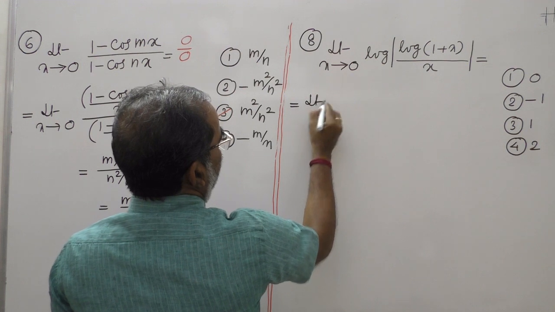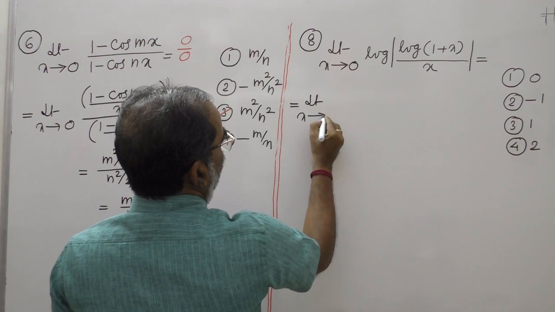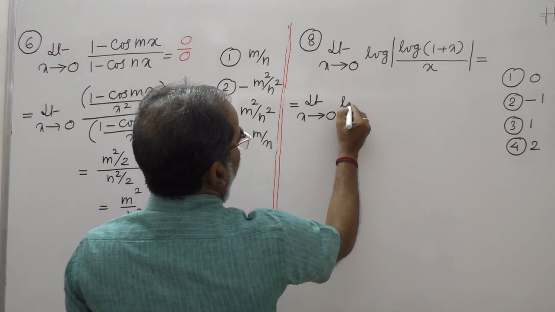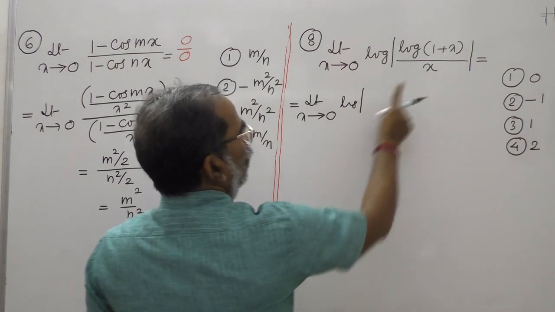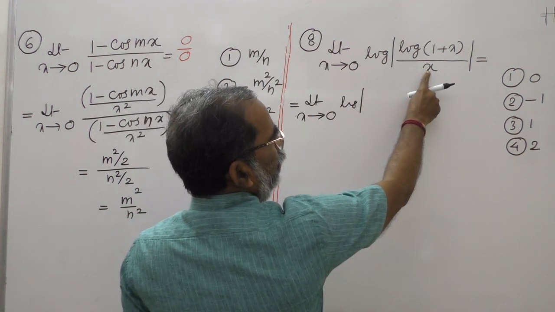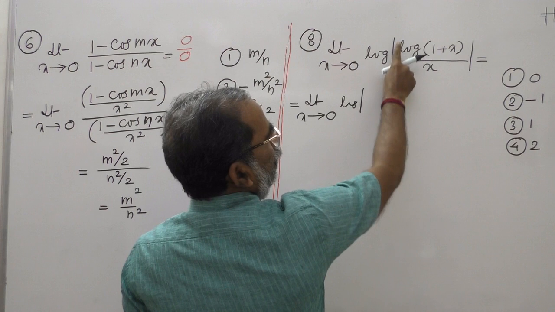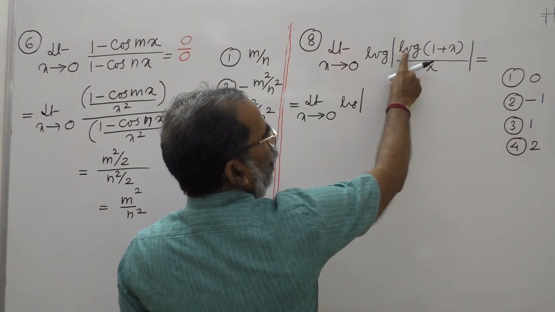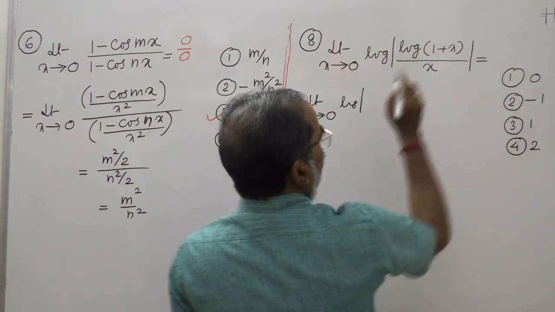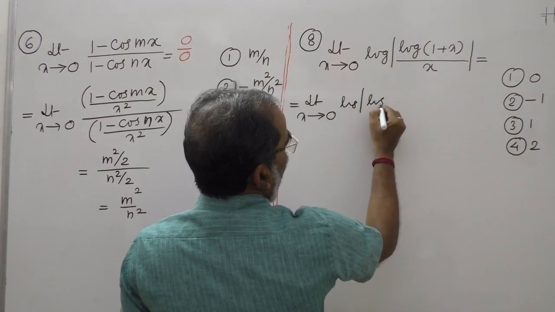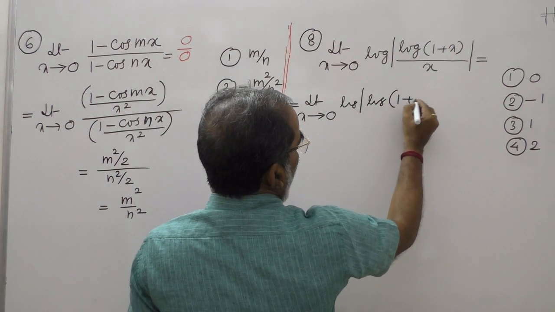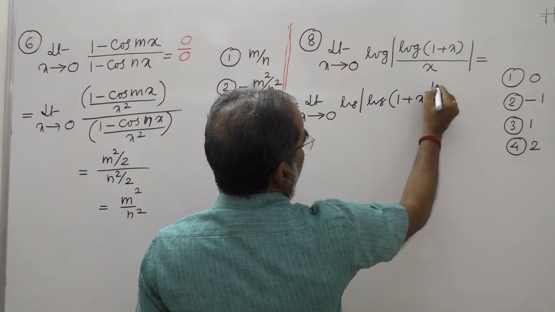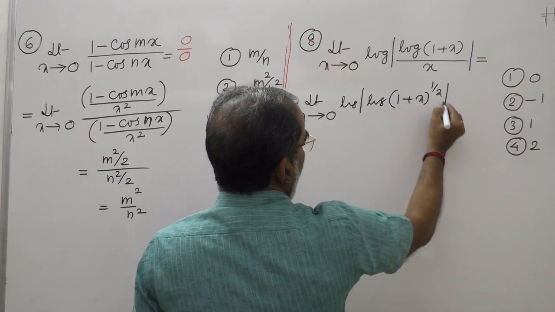I will write this as limit as x tends to 0 of log of mod. X is there in the denominator, which is nothing but 1 by x coefficient. For logarithm, a coefficient becomes a power. Therefore, I can write this as log of (1 plus x) whole power 1 by x.